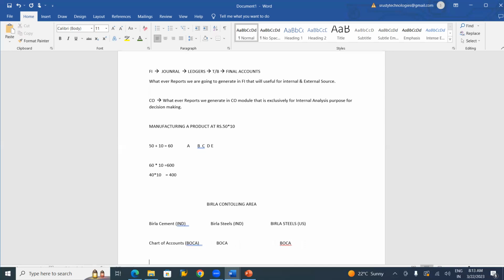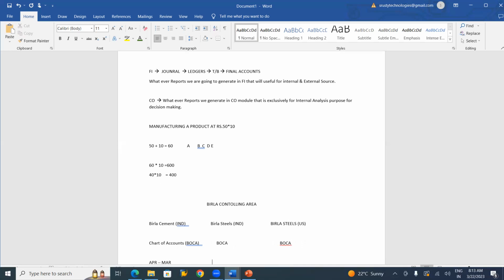Next one, fiscal year variant. The major company, Birla, is in India, with two company codes in India and one in the US. Though, the fiscal year they need to follow is, for example, April to March.